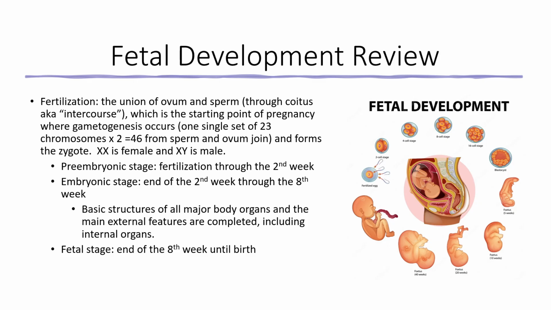The embryonic stage occurs from week 2 through week 8, and this is where the major structures of the major body organ systems, the actual internal organs, everything's happening during the 2nd through the 8th week. This is where teratogenic exposure is really, really crucial to the development of the fetus.